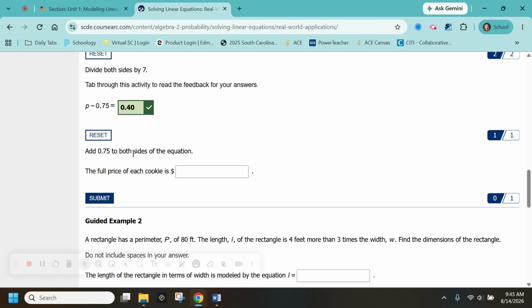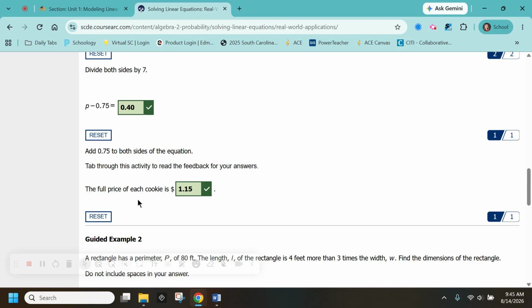Add 0.75 to both sides of the equation. So to undo this minus, add it to the other side. And then the price of one cookie is $1.15. So 0.40 plus 0.75. And so the full price of each cookie is $1.15.